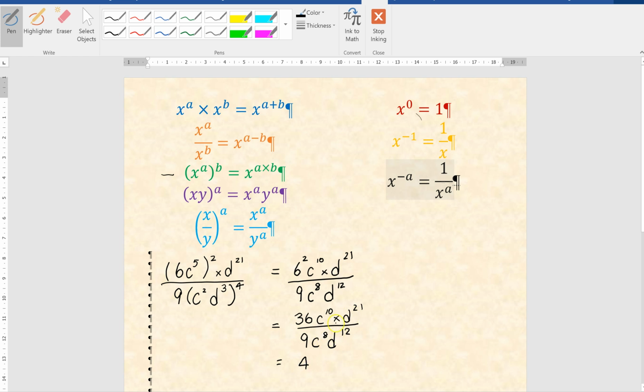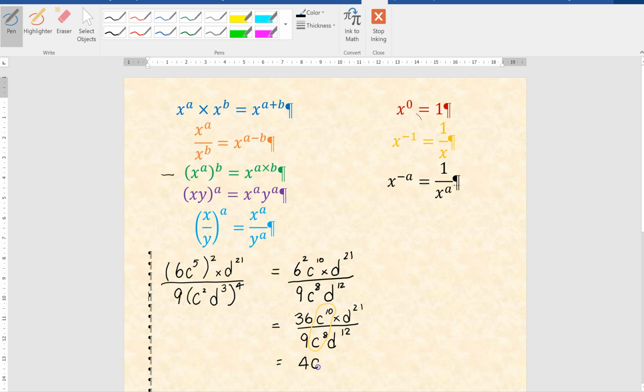And now we can do the bases. So I'm not going to do c to the 10 divided by d to the 12 because they're not the same base. But I have got the same base here. All right. If I look at that, I'm focusing on that one there. I can say, well, c to the power of 10 divided by c to the 8, I'm following this rule, so I subtract the power.